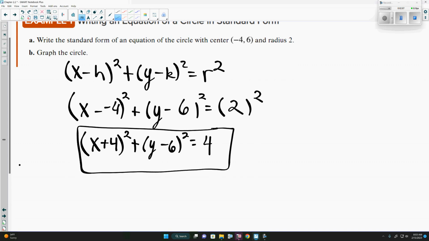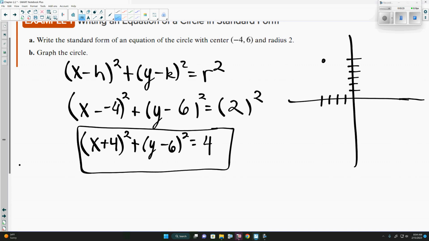Now on the homework, it will ask you to graph this here. In graphing a circle, the first thing we need to do is find the center. We go over to negative 4, 6 and find that point. On the computer, it does have an option to click for circles.